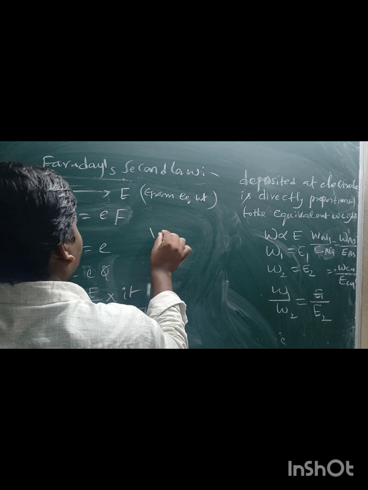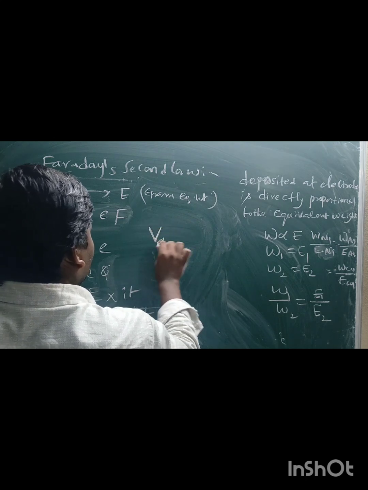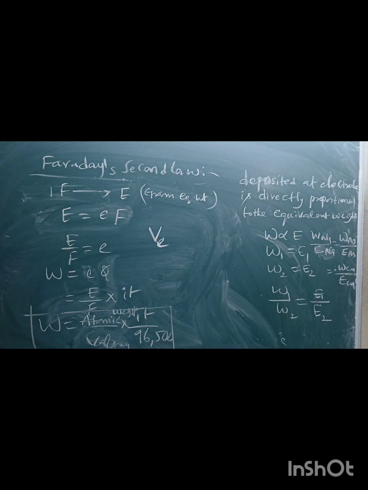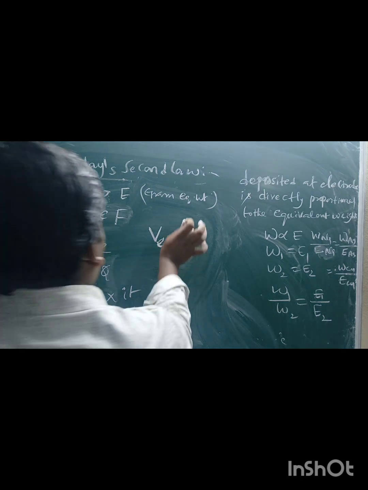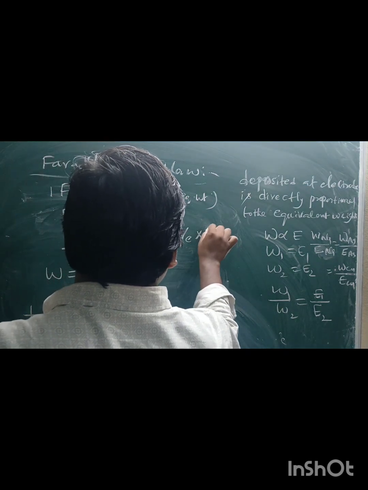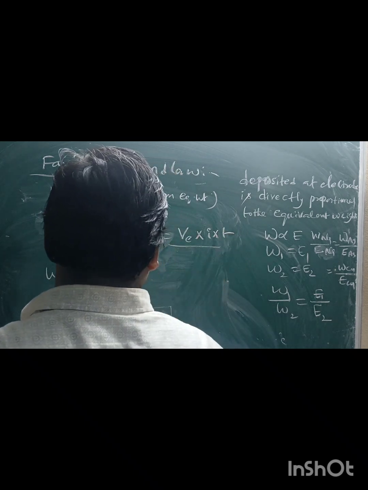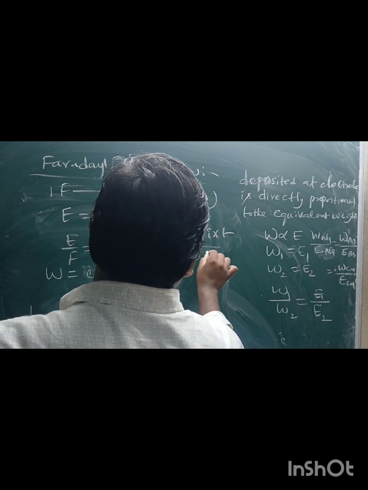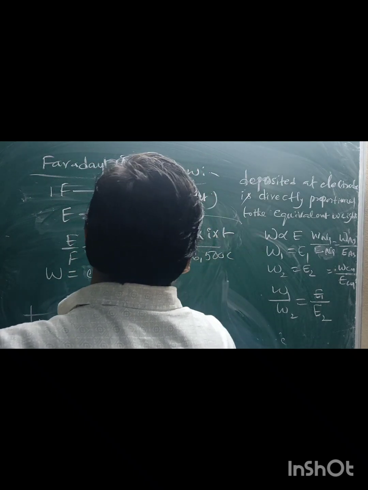If you take a gas, for a gaseous reaction, VE means equivalent volume of the gas liberated. The formula is V is equal to VE into I T by 96,500 coulomb.